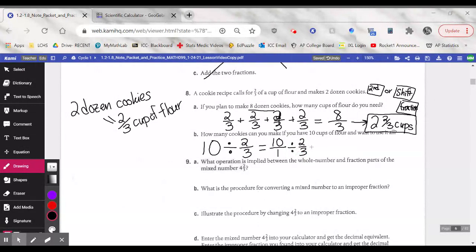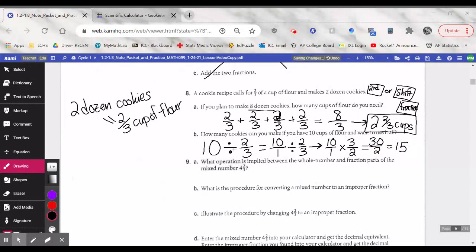So I'm going to rewrite that problem so that both of my numbers are fractions. And now you know from the previous page that we can change division into multiplication. So I'm going to take 10 over 1. I'm going to keep that, change this to multiplication, and flip the second fraction. Okay, now I can just use multiplication. So 30 over 2, I get 15.